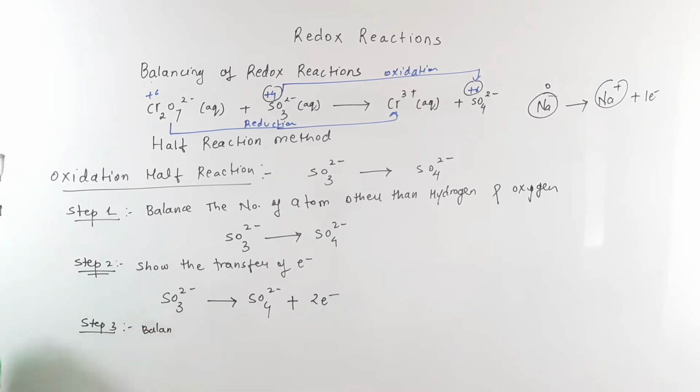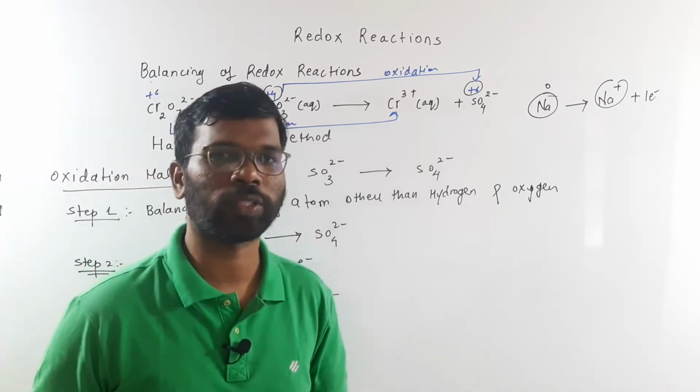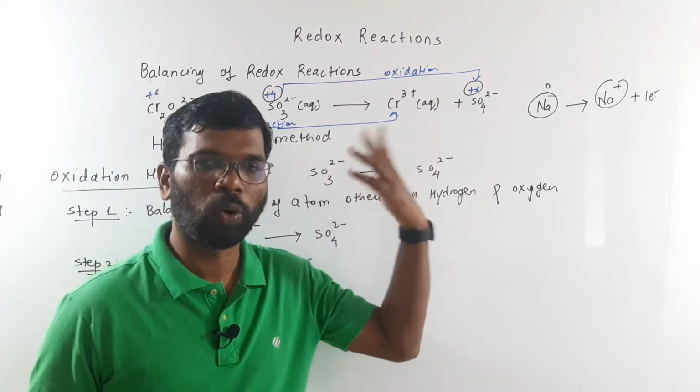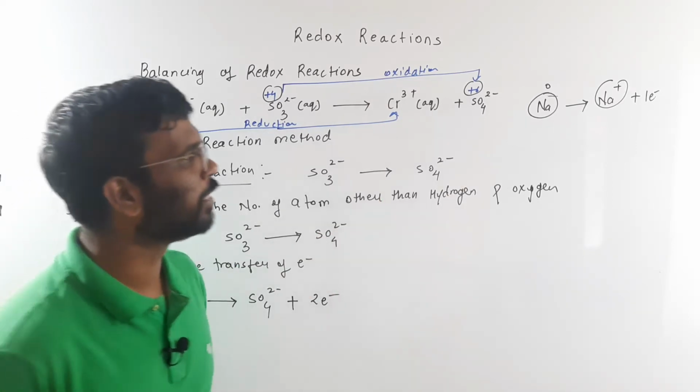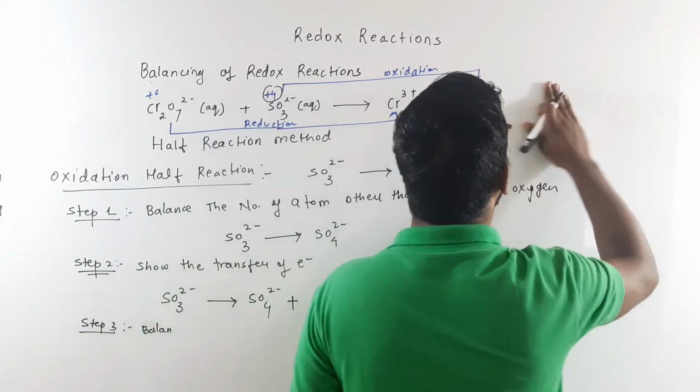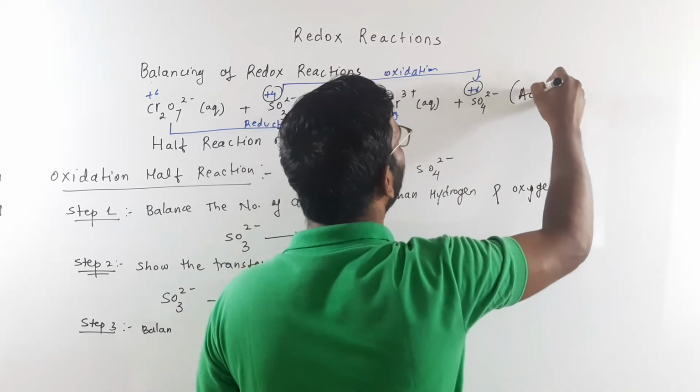One more thing I forgot to tell you: whenever it is a redox reaction and you are told to balance it, it will be mentioned whether it is in acidic medium or basic medium. Let's consider that this reaction is in acidic medium.